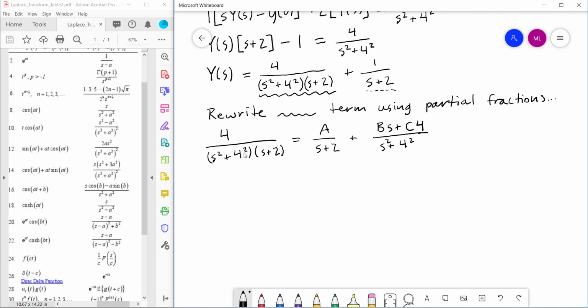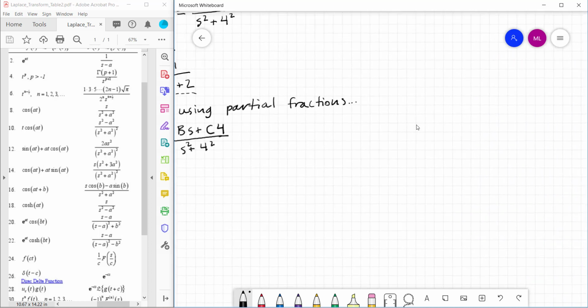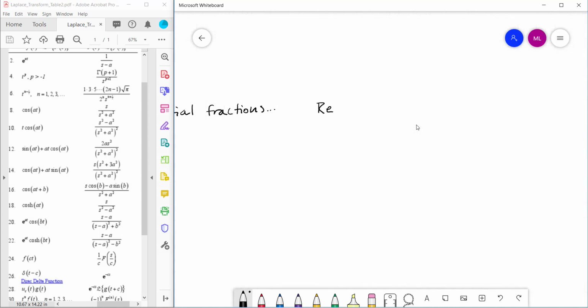Okay, why do I want this extra factor of 4 here? We don't need it, but let's do this as a side note. Recall the form that we used for differential equations, for partial fractions on terms that had quadratic roots. We would do basically a times s minus whatever the real part is.